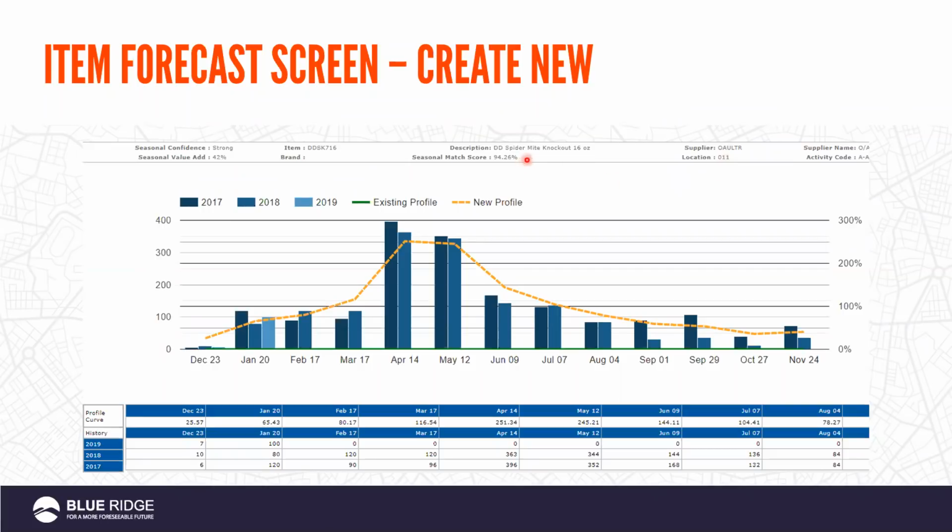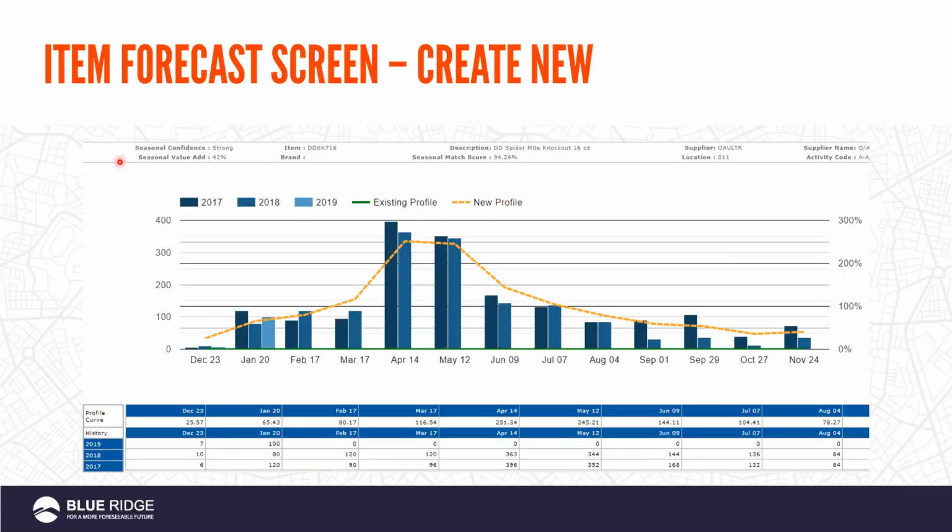A few slides ago, I mentioned that seasonal match score. So again, this is describing how closely do these year-over-year selling patterns match up. The higher this percent, the more closely those patterns match year over year. And then we have, again, our seasonal value add.